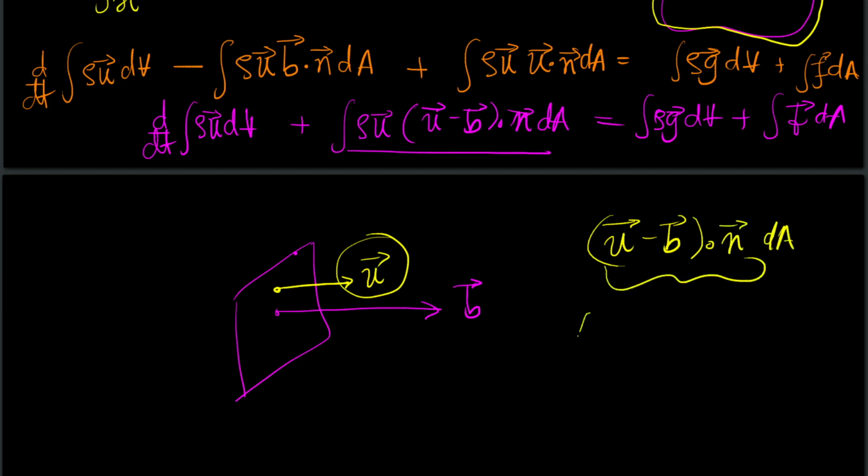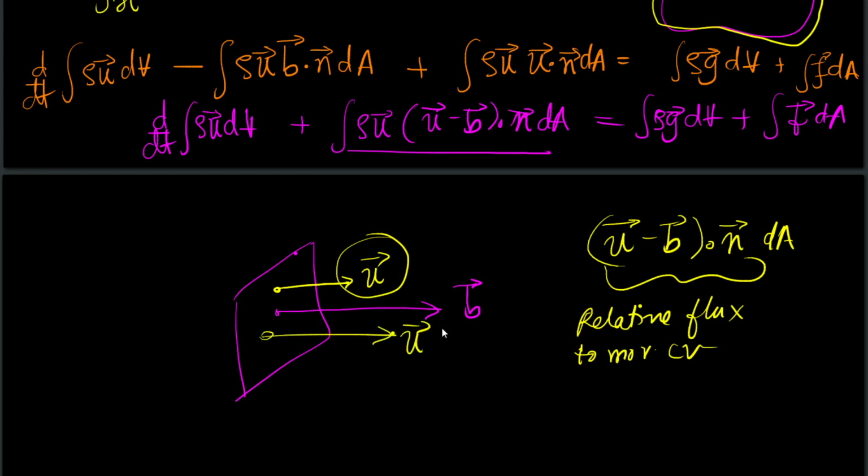So this is like the relative flux, relative to the moving control volume. Now if the area is moving with the velocity u, then you have no flux coming out, and essentially there will be no momentum flux also.